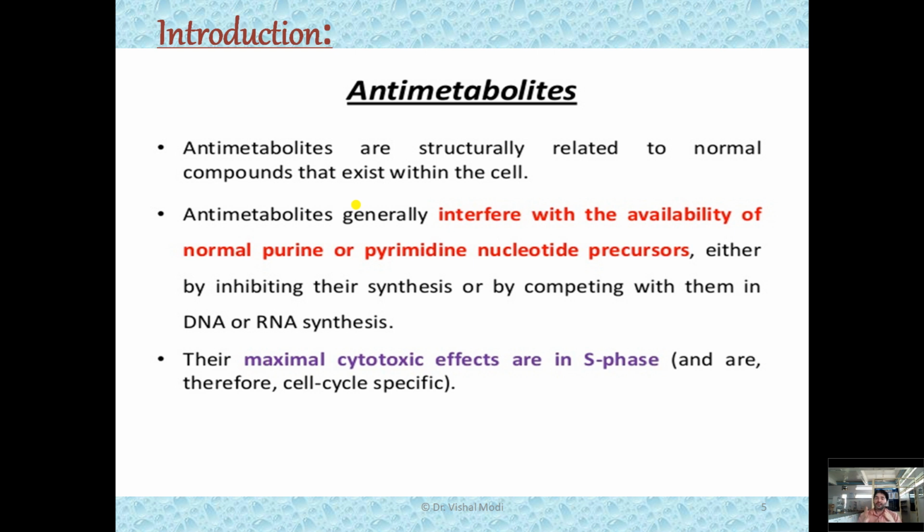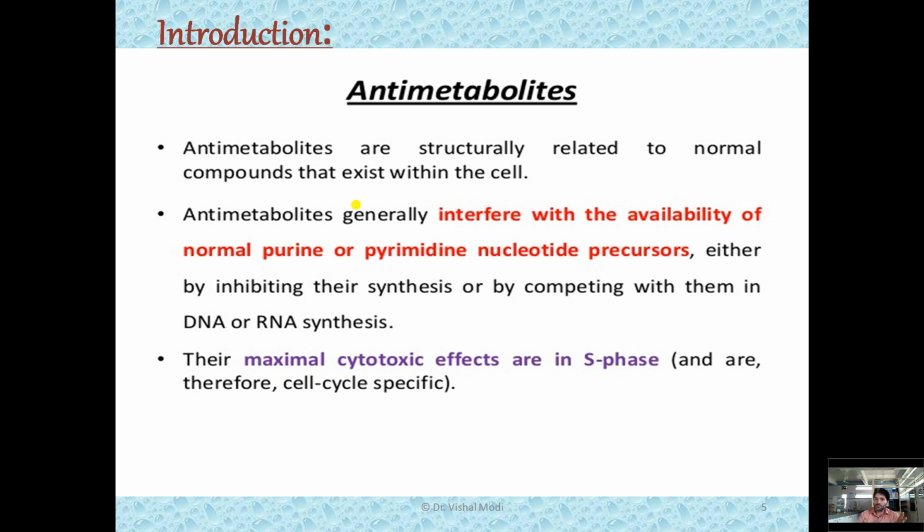Generally the basic nucleic acid in our cell is DNA, and the antimetabolite drugs and their analogues are specifically related to the DNA and RNA nucleotides or nucleic acids. Antimetabolites interfere with the availability of normal purine or pyrimidine nucleotide precursors either by inhibiting their synthesis or by competing with them in DNA or RNA synthesis. Their maximal cytotoxic effect is in the S phase, and they are cell cycle specific.